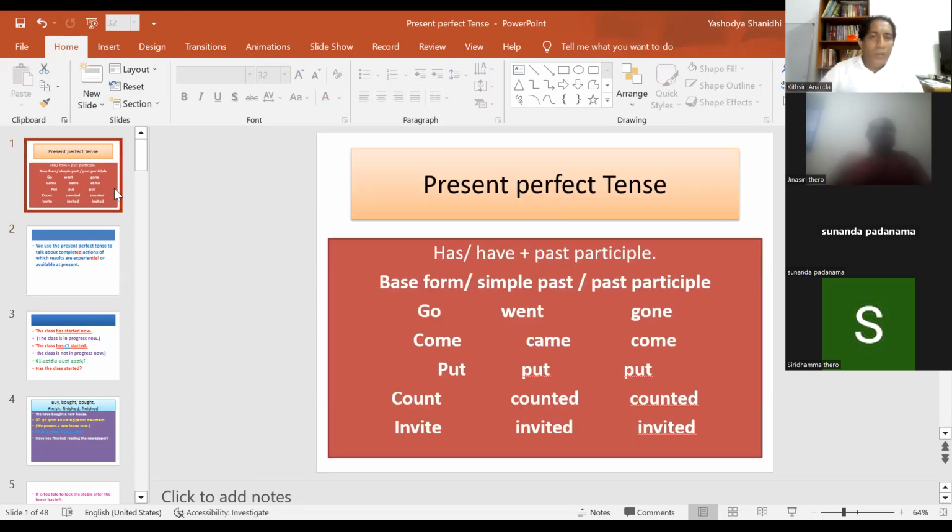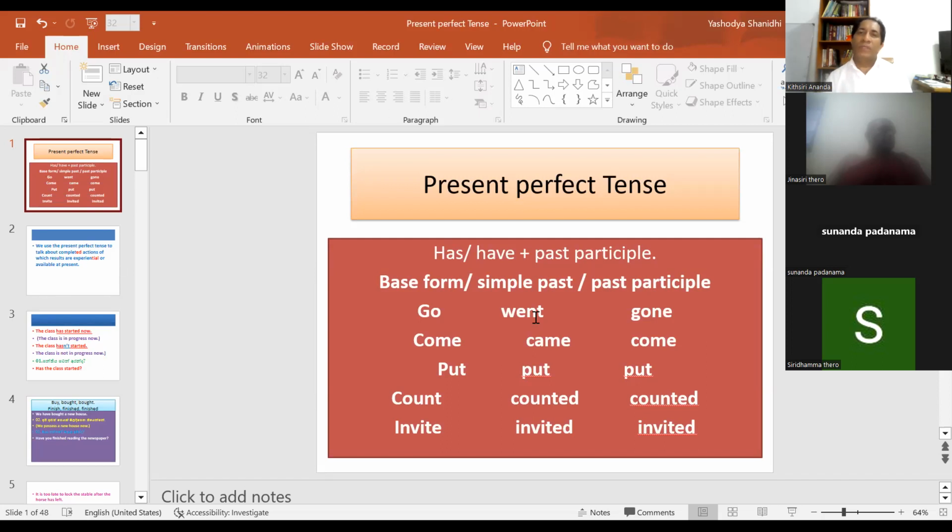So from these three forms, we use the third form, the past participle form, after using either has or have with the subject.